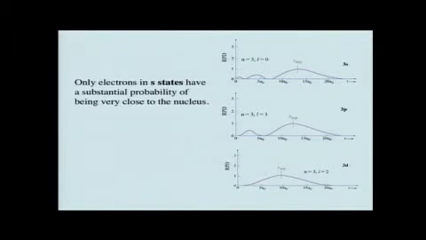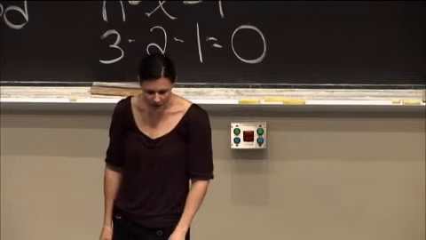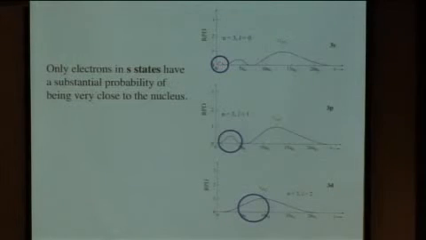So if we compare L increasing here, a 3s to a 3p to a 3d, what we find is that it's only in the s orbital that we have a significant probability of actually getting very close to the nucleus. So if I circle where the probability gets somewhat substantial here, you can see we're much closer to the nucleus at the s orbital than for the p, than for the d.